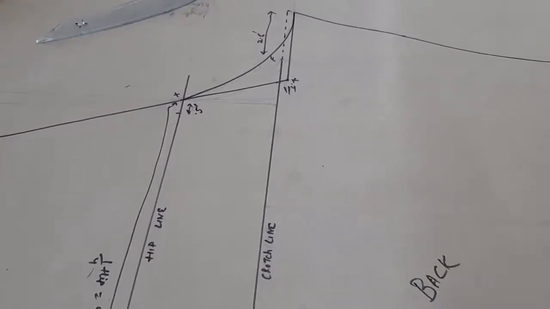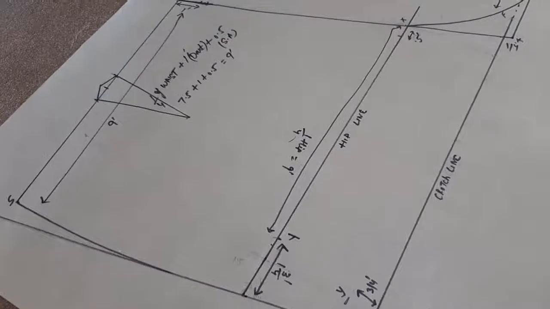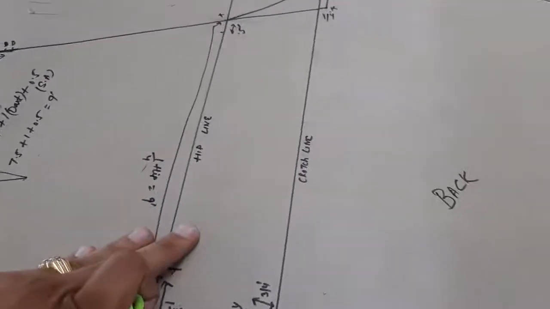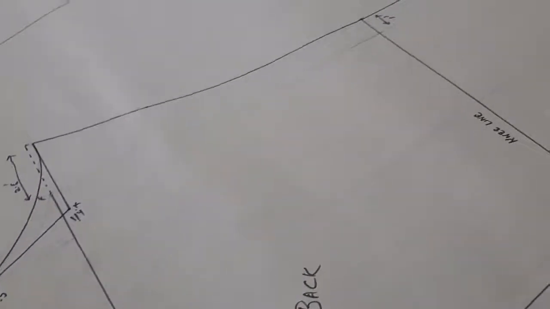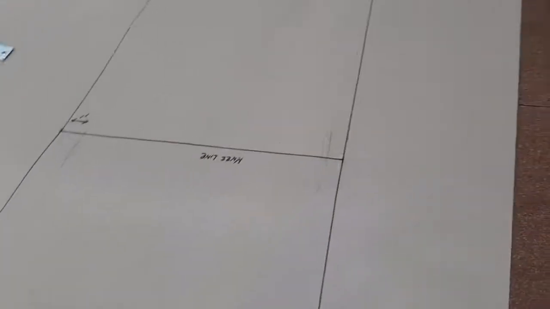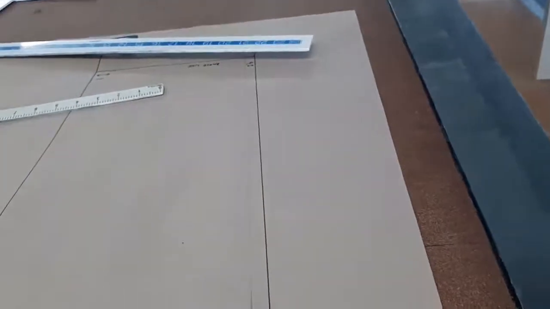So in the same way you can complete your entire outline. This is the waistline, hip line, crotch line. This curve we have made, and after then you can see the knee line, ankle line.